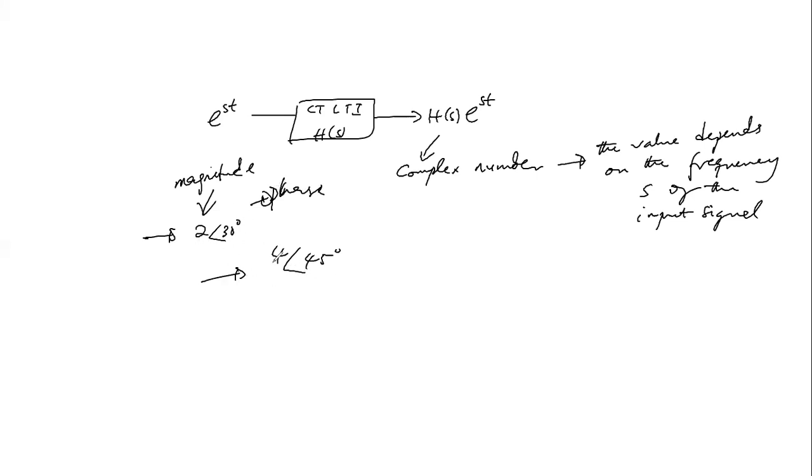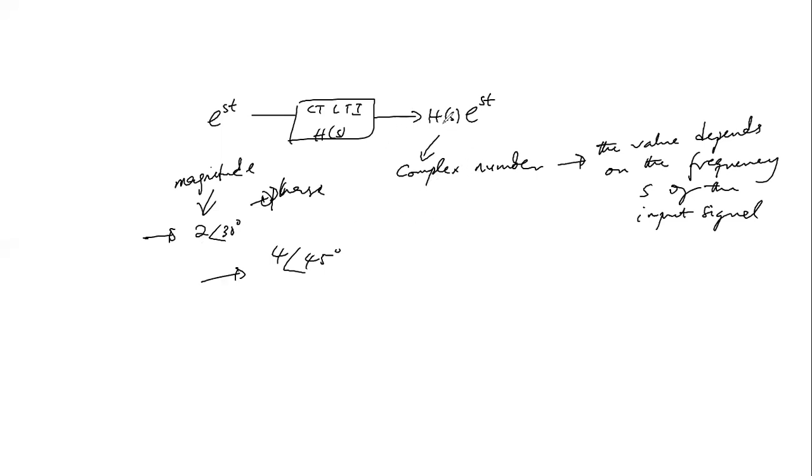When we multiply, are we adding or subtracting the angles? We add the angles and multiply the magnitudes. So it means that should we multiply a signal by a complex number, there will be a change in the magnitude and phase.